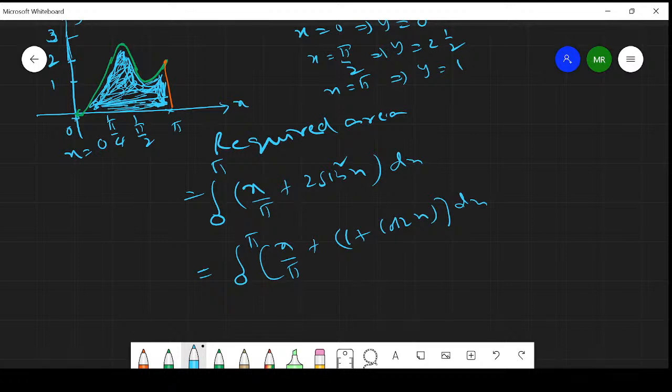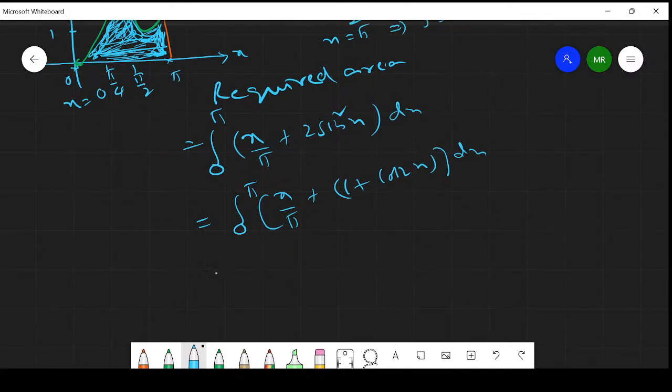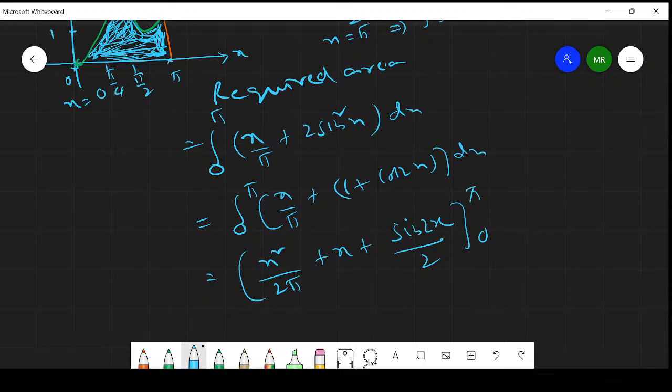This will be x square by 2 pi plus 1 means x, and cos 2x means sin 2x by 2, with limits 0 to pi.